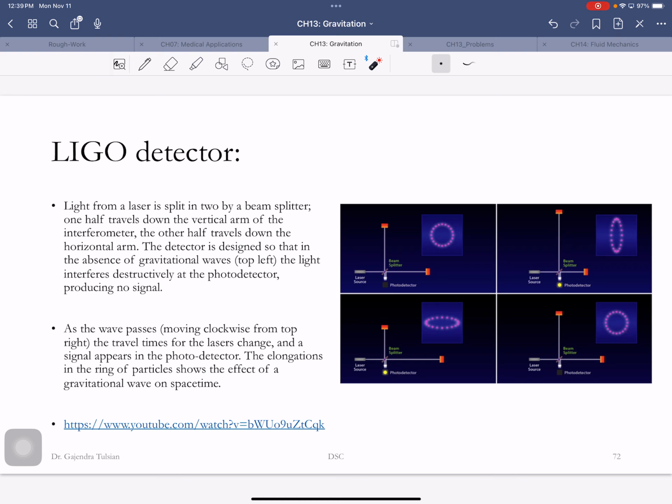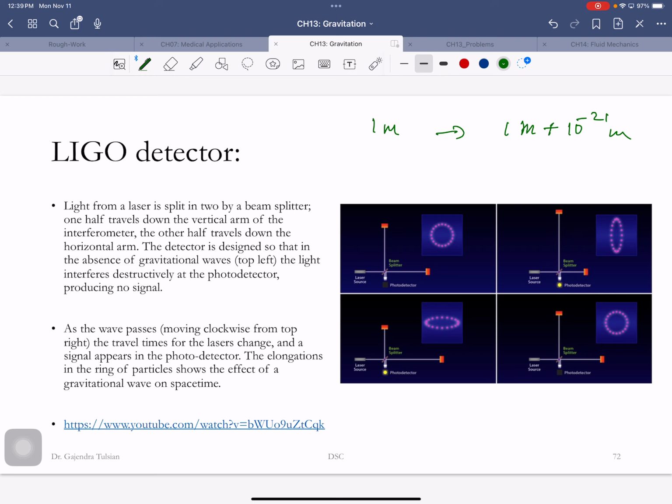All right, well, how much did it stretch? If the diameter of this thing was 1 meter, it stretched to 1 meter plus 10 to the minus 21 meters in that last 200 milliseconds when the signal was strongest.